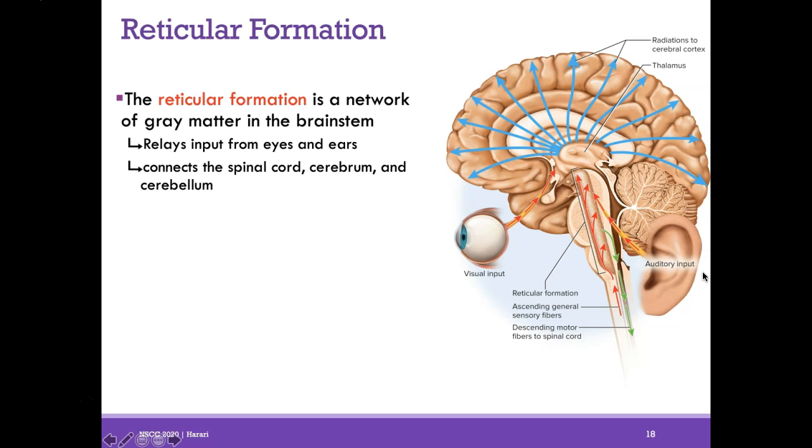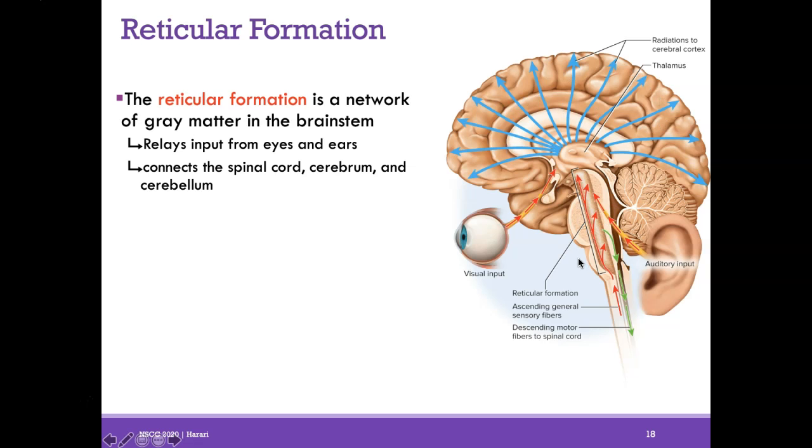And the reticular formation is important because it allows information from our eyes and our ears to be integrated by the rest of the brain. It takes our auditory input from our ears, it takes visual input from our eyes, and it puts them all together and tells our brain a more complete story.